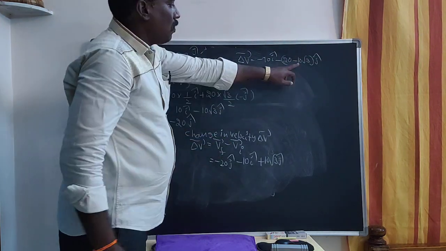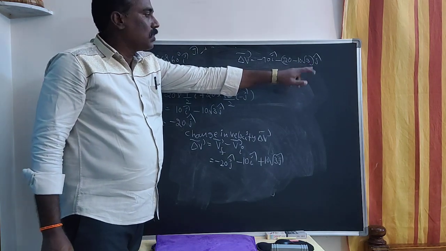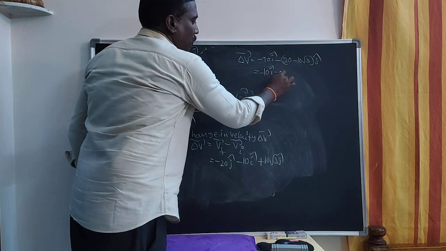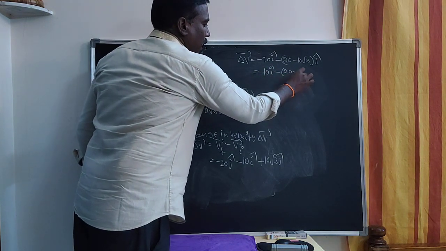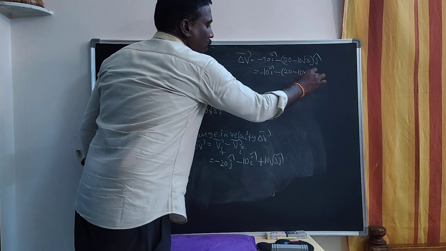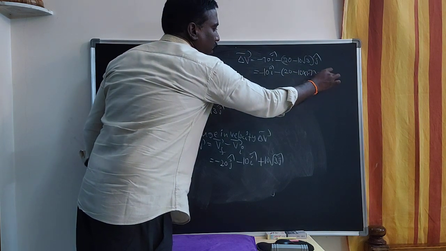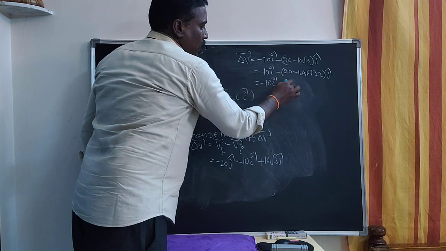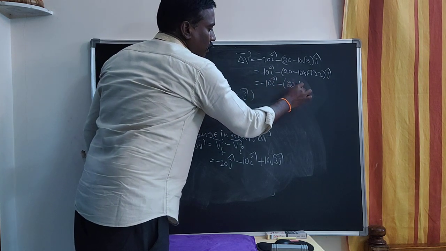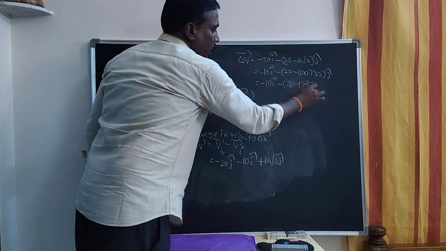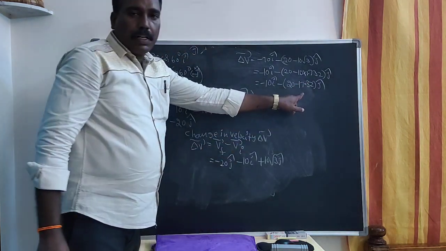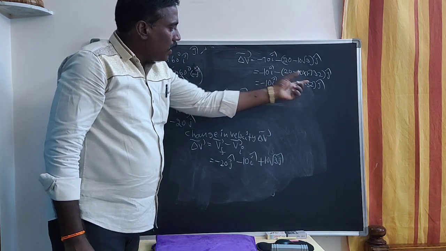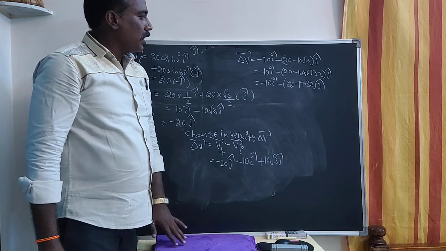Root 3 is 1.732, so delta V bar is minus 10 I cap minus 20 minus 17.32 j cap. 17.32 is less than 20. Finally, the I component and the j component are both in the negative direction.